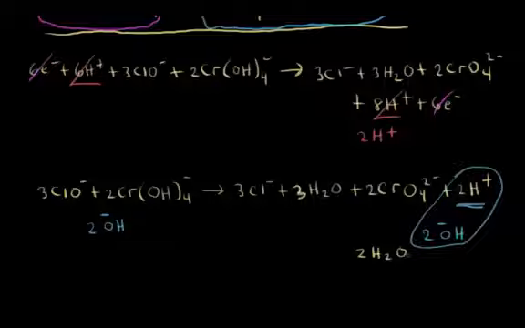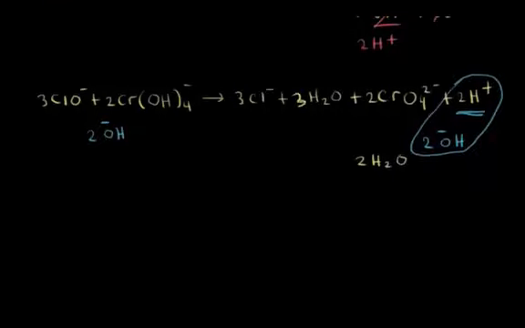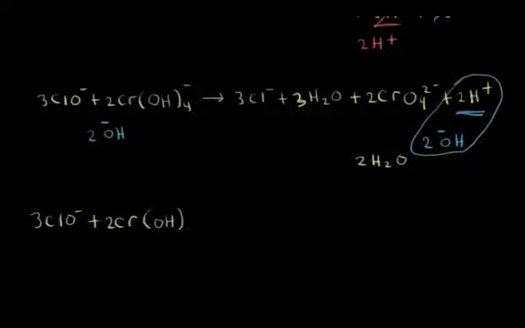So let's go ahead and write the final answer here, including everything that we've done. On the left side, we have 3ClO minus plus 2Cr(OH)4 minus, and now we added in those 2 hydroxides, so plus 2OH minus.